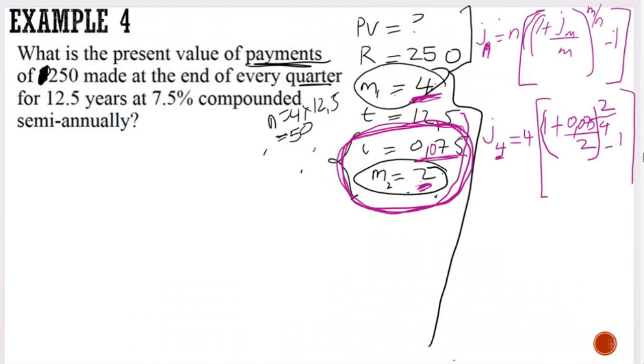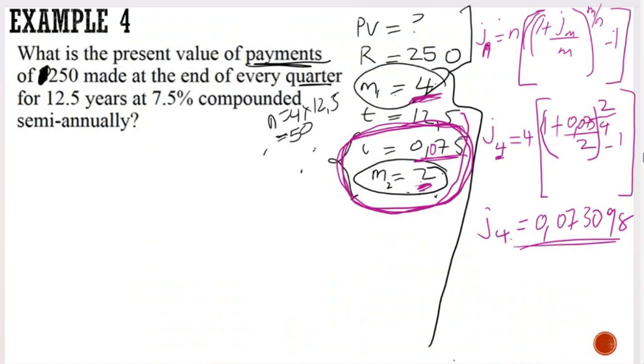You plug into your calculator, and your interest rate compounding quarterly is going to be 0.073098. That is the new interest rate that is compounding quarterly.